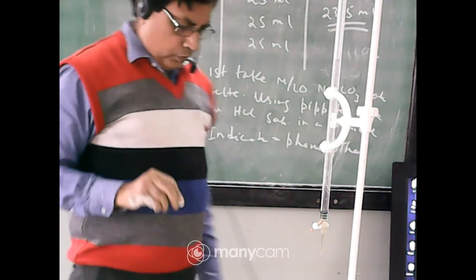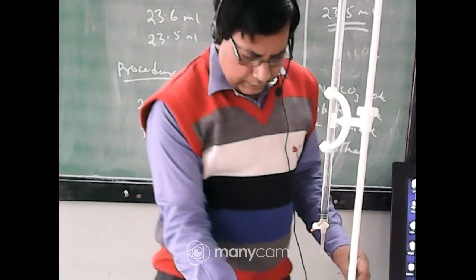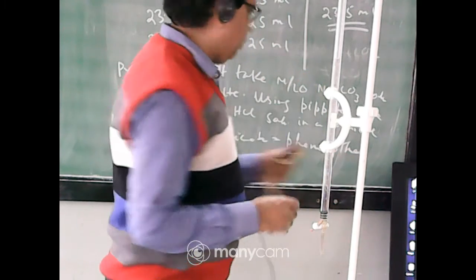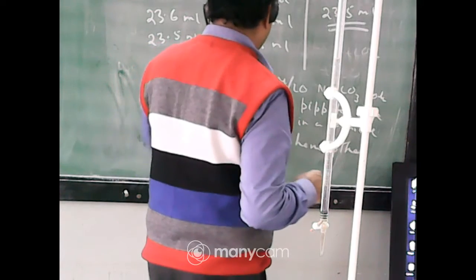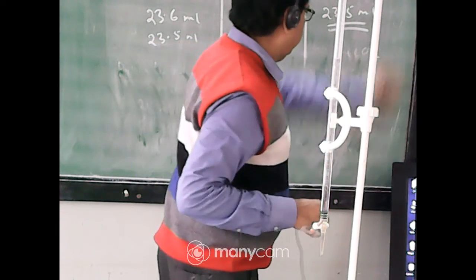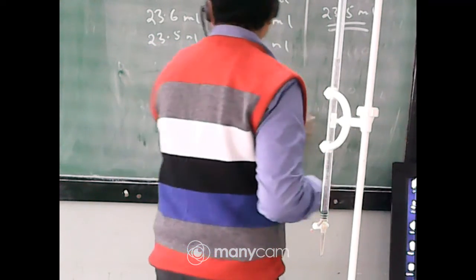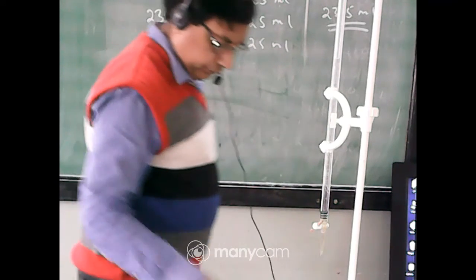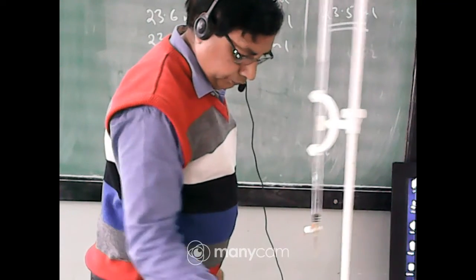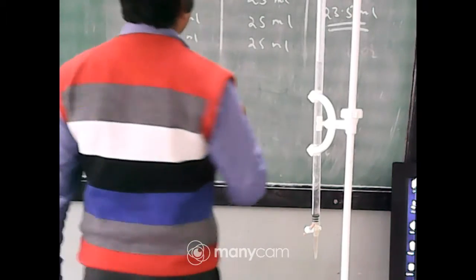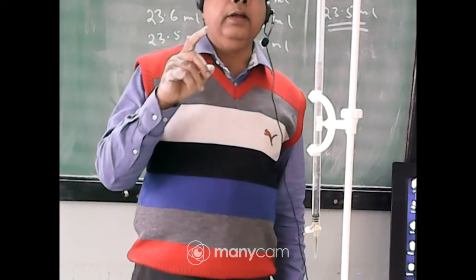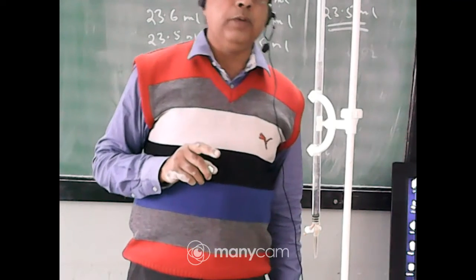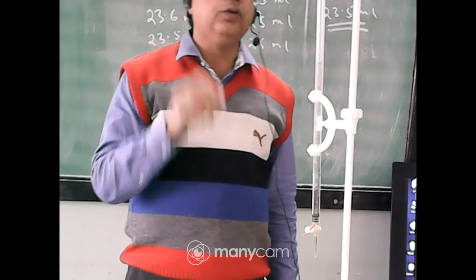Now you have to calculate the strength of unknown HCl solution. See the calculation now. First, if you note the equation, 1 molecule sodium carbonate reacts with 2 molecule HCl.